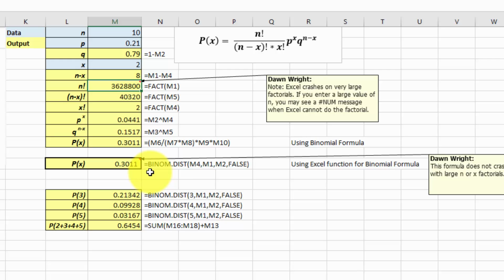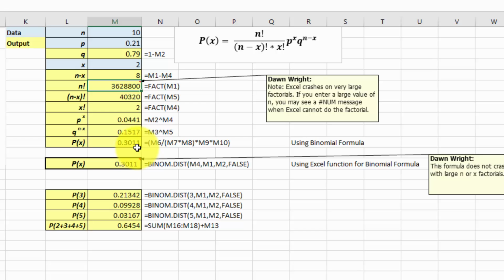But it takes as arguments m4, which is the x value, m1, which is n, m2, which is the p. False means we want that specific value. We don't want the cumulative value for these. We just want the specific value for that one x value. And that gives us 0.3011, the same value here.